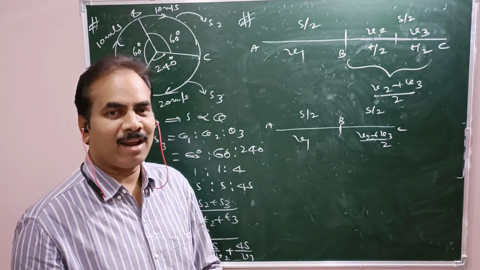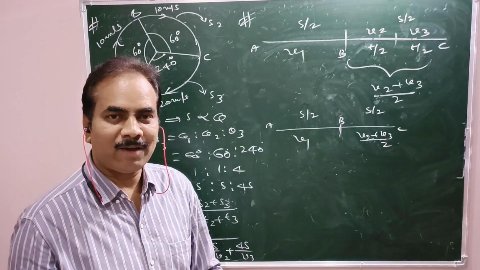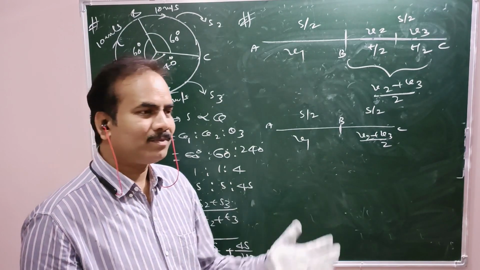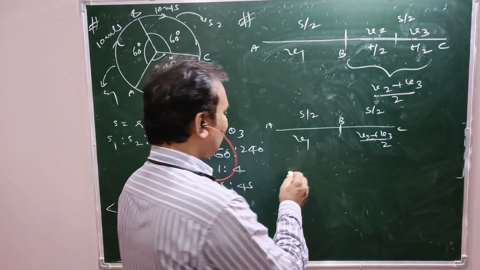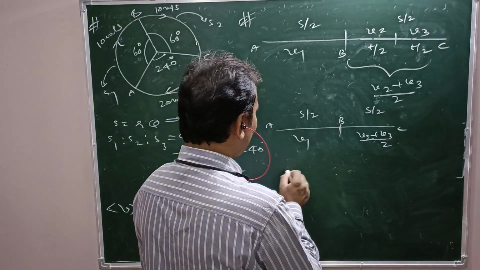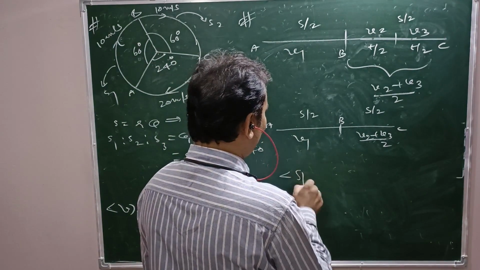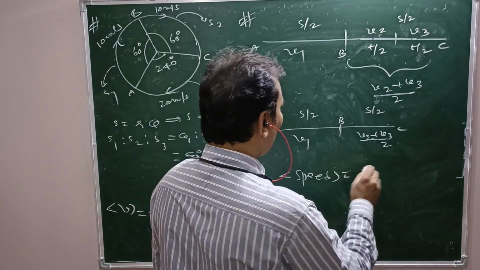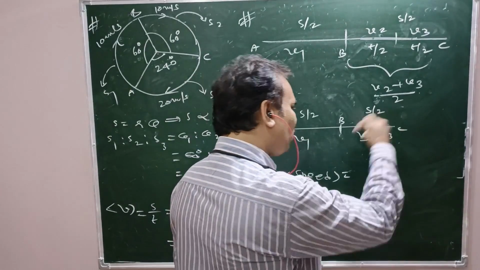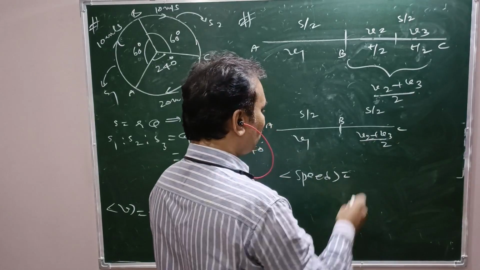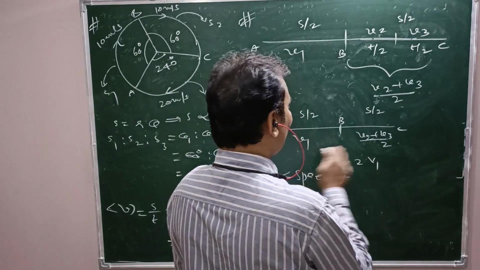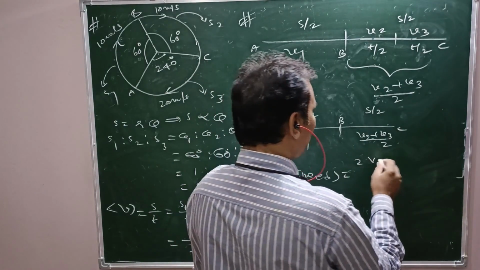What is the final answer? 2 v1 v2 by v1 plus v2. Arithmetically, V average, the final average speed, equals 2v1 times (v2 plus v3 by 2), divided by v1 plus (v2 plus v3 by 2).